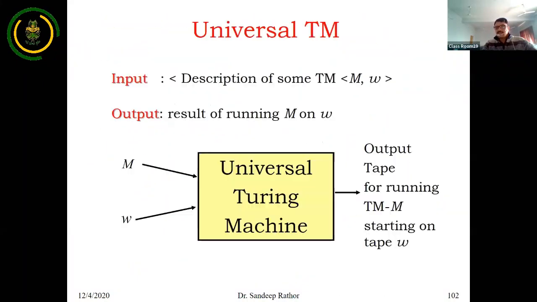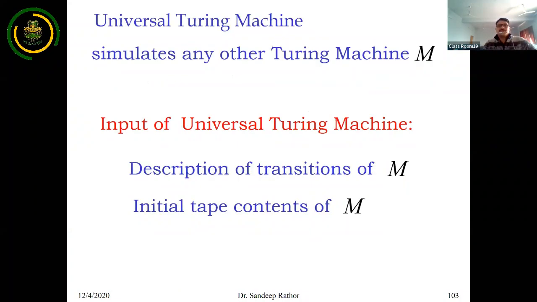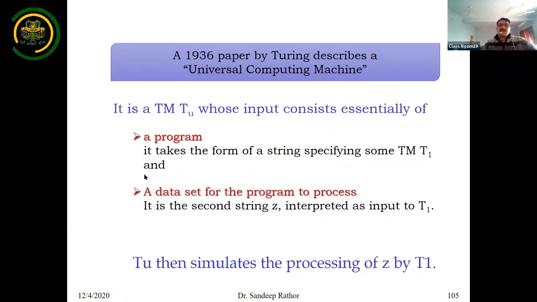In the case of the universal Turing machine, the description is in the form of M and W, where M is the machine and W is the string. The W string is processed over the machine, and then the machine decides whether it is accepted or rejected. The same thing can be explained in this format also: there are two essential components, the program and the data set that the program needs to process.